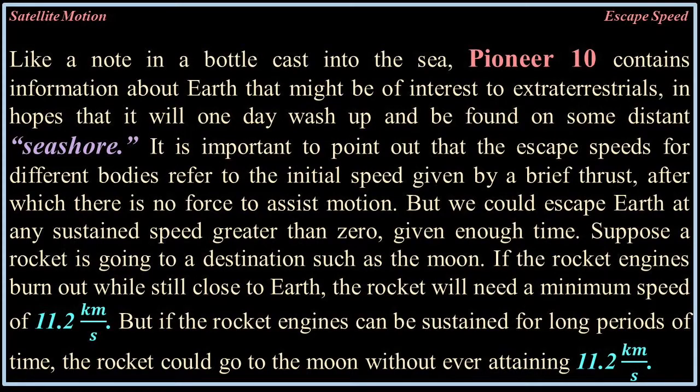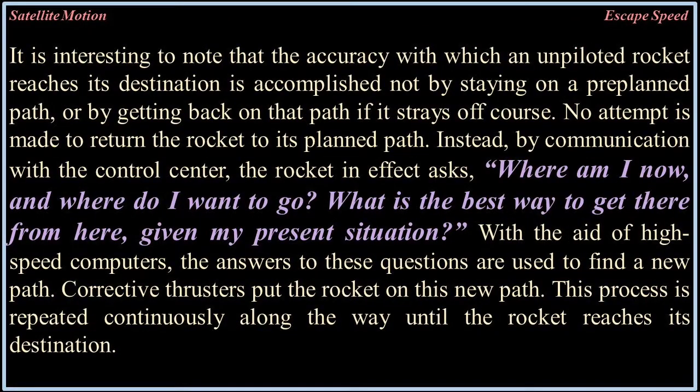Suppose a rocket is going to a destination such as the Moon. If the rocket engines burn out while still close to Earth, the rocket will need a minimum speed of 11.2 kilometers per second. But if the rocket engines can be sustained for a long period of time, the rocket could go to the Moon without ever attaining 11.2 kilometers per second.